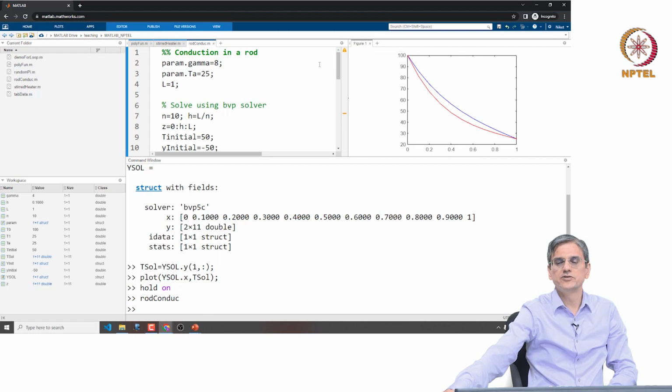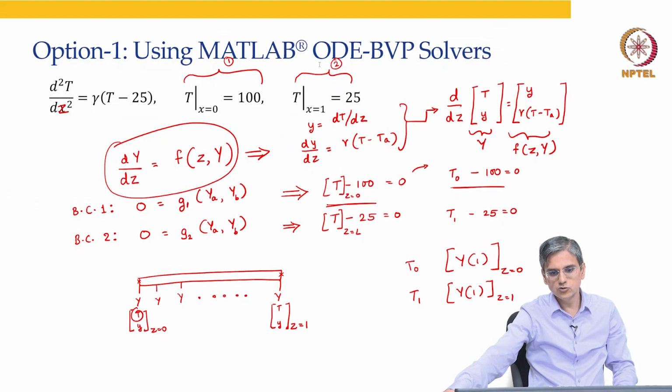Okay. So, with that I come to the end of this lecture. The first option we covered for solving ODE boundary value problems is using the solver BVP 5C. If you want to learn a bit more about this, please go through the documentation of MATLAB. MATLAB has also a solved example, and that is what you will use in order to understand how the boundary value problem solver works.